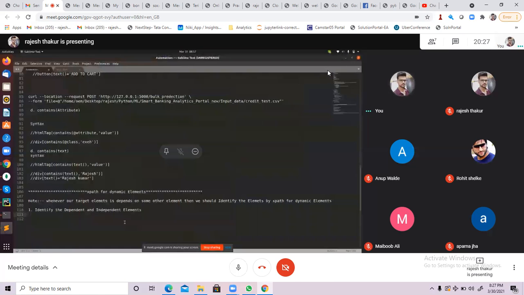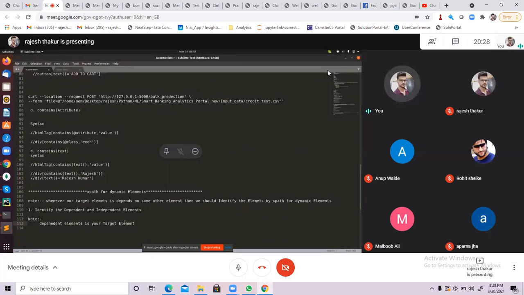So note, again bring your 500 rupees note, and here you can keep: dependent element is your target element which you want to identify.